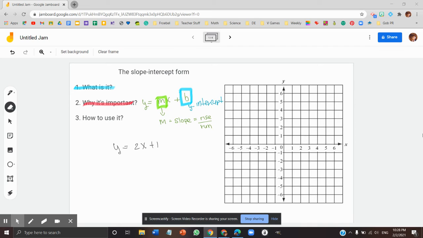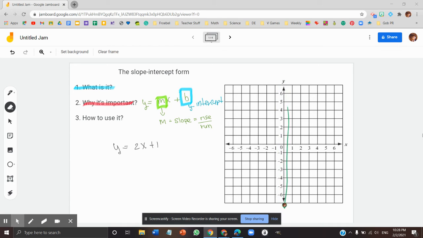So I already have that. The first point that I can put is going to be really simple. It is my y-intercept. And again, if I have a number that is my y-intercept, it's going to be touching that line right there. That is my y-axis.